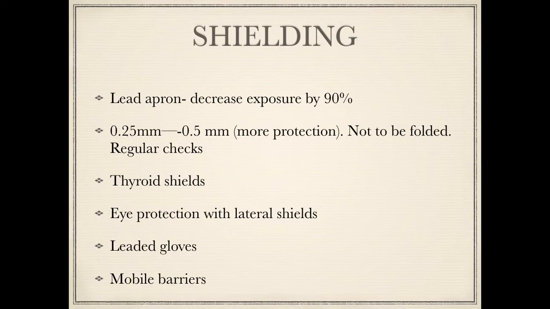Lead aprons come in different thicknesses. The thicker, the more protection, but obviously it becomes heavier and bulkier and restricts your movement. They should not be folded and should be regularly checked for any breakages or cracks, because this can compromise your safety and increase your radiation exposure.